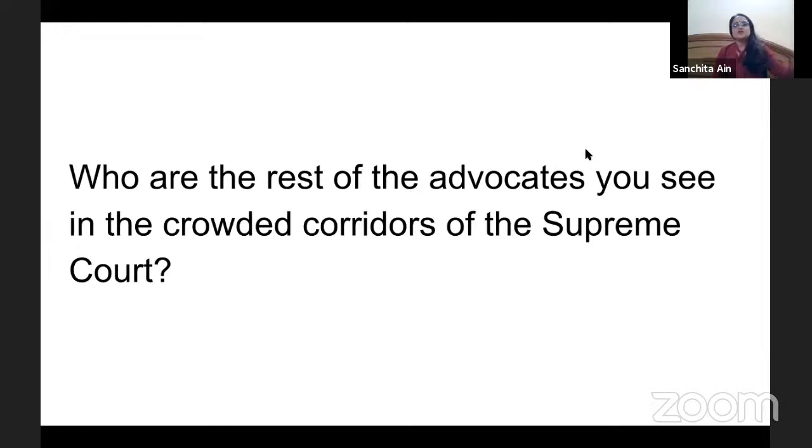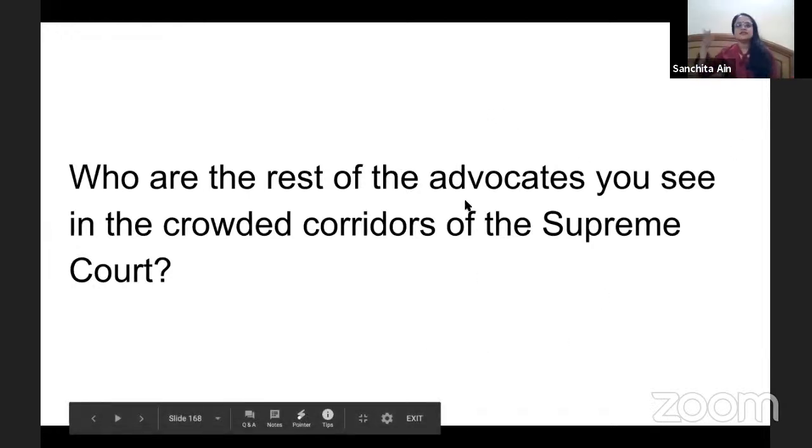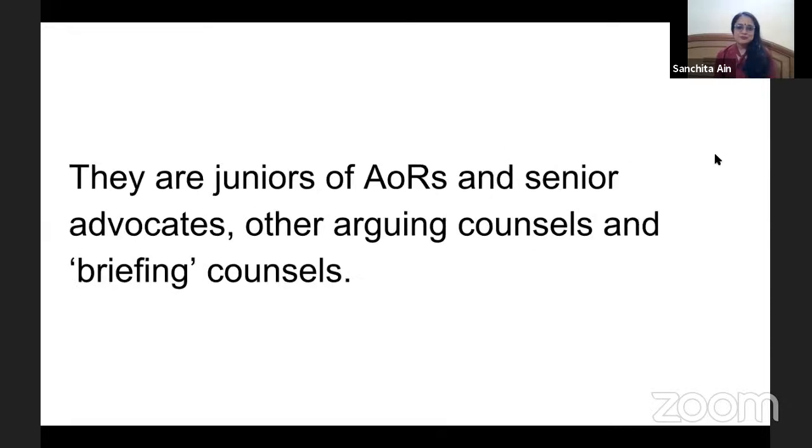So who are the rest? So you saw 2,777 AORs, 416 senior advocates. So who are the rest of the advocates you see in the crowded corridors of the Supreme Court? Right? Next slide, please. They're either juniors of AORs and senior advocates or other arguing counsels, or even briefing counsels who travel from another state, just like Mr. He would have briefed some senior advocate, or he would have argued himself.